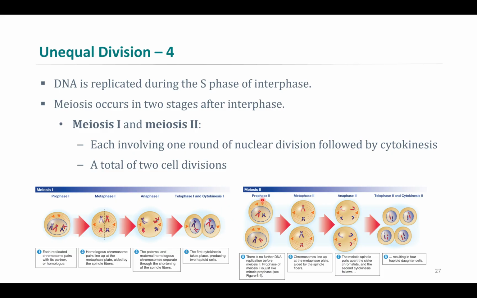Meiosis 2, again, has four stages. This is very similar to mitosis cell division: prophase 2, metaphase 2, anaphase 2, and telophase 2 and cytokinesis. Now these are condensed chromosomes. In prophase, they are already condensed. In metaphase, the chromosomes align in the middle of the cell.